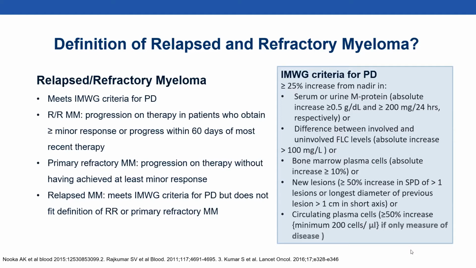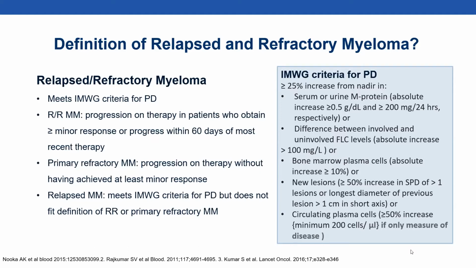Back to relapsed and/or refractory multiple myeloma, defined as a progression on therapy in patients who obtain equal or more than minor responses, or progress within 60 days of most recent therapy. Primary refractory multiple myeloma can be defined as progression on therapy without having achieved at least a minor response.